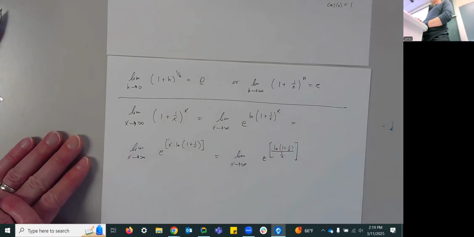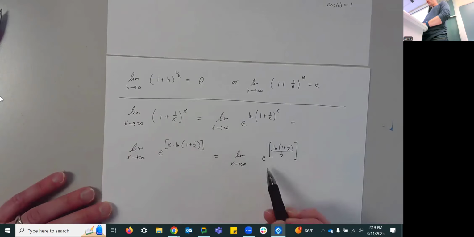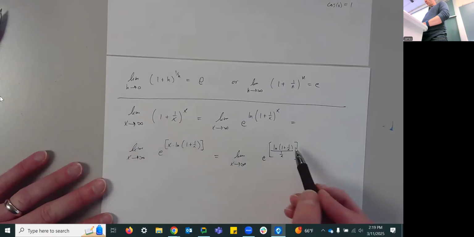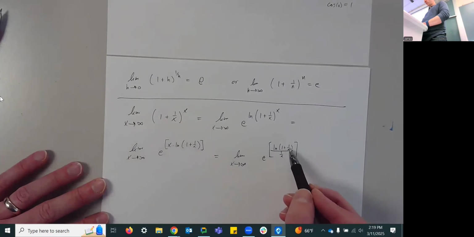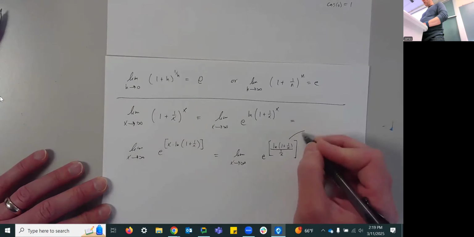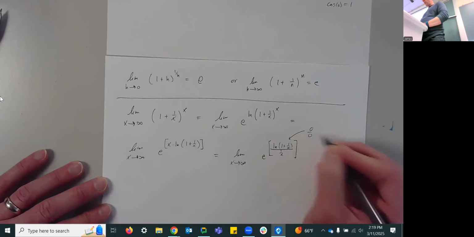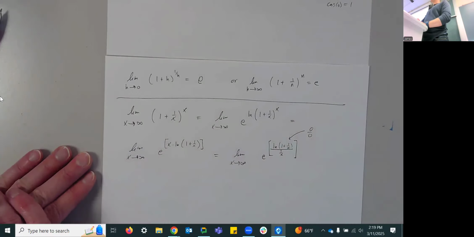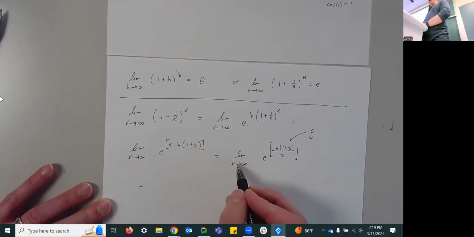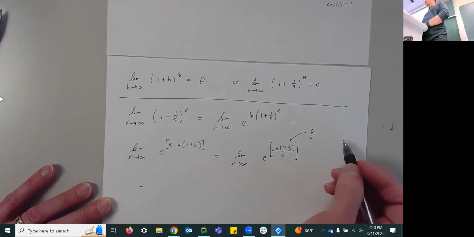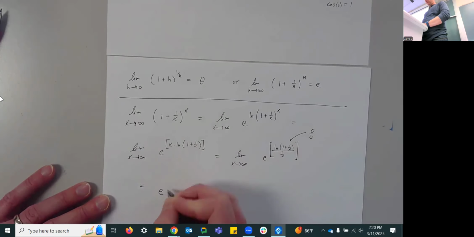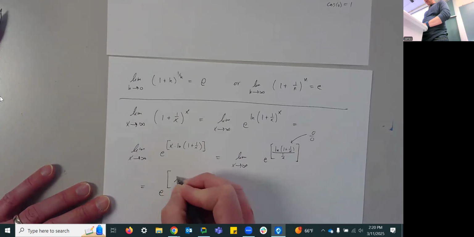And now we have in the exponent there a 0 over 0 type. 1 over infinity goes to 0, 1 plus 0 is 1, natural log of 1 is 0, and 1 over infinity goes to 0. So this thing here is a 0 over 0 type. And usually we don't write it this way, but you could also make the step of saying the limit passes through the continuous function, and saying the limit of e to the stuff is equal to e to the limit of that stuff.